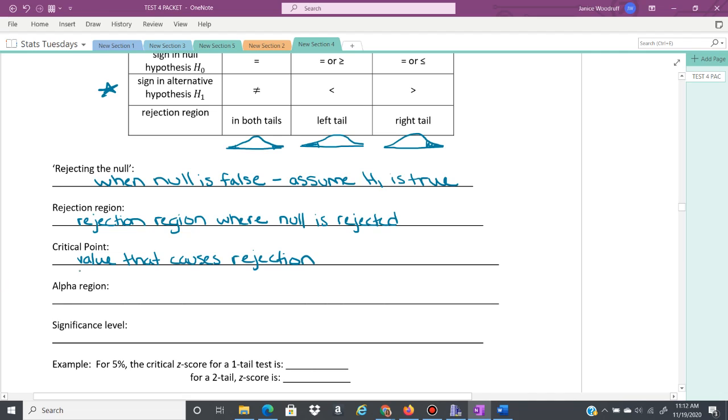All right, the alpha region, that is your rejection region. So again, this highlighted region is called your alpha region. The significance level is the probability of making a type 1 error.